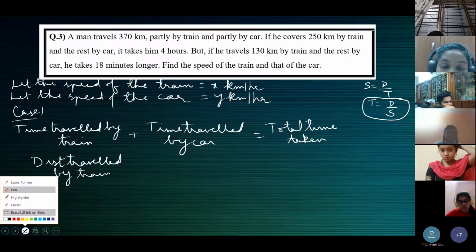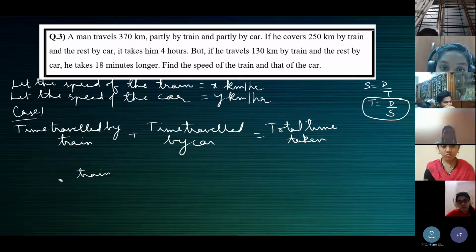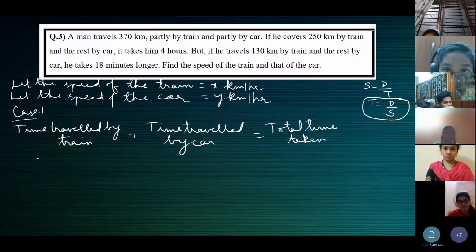It will become too lengthy if I write all this. What is time, children? Distance by speed. What is the time traveled by train then? It's the distance traveled by train by the speed of the train. Yes or no?